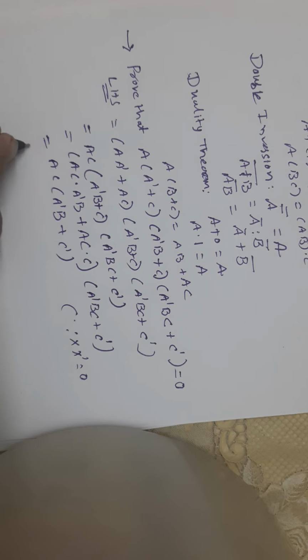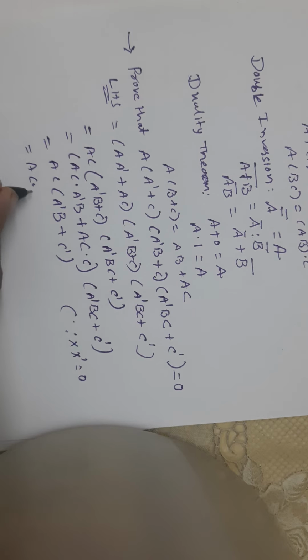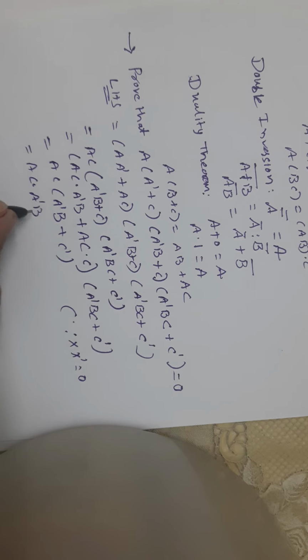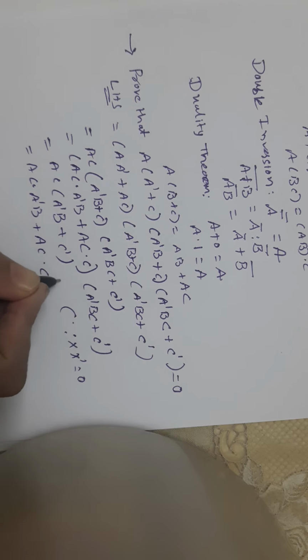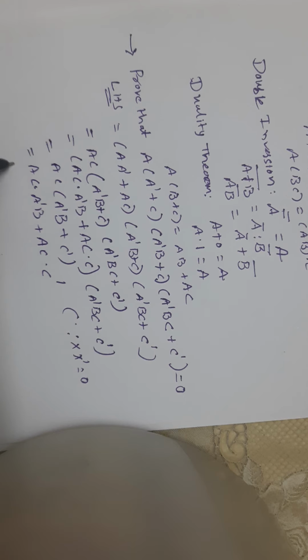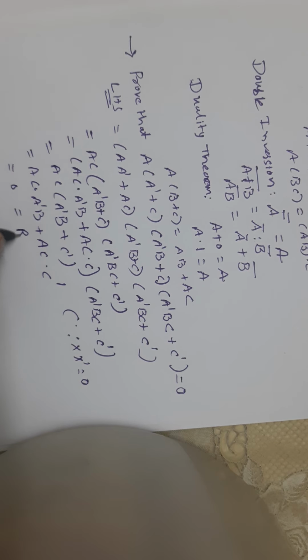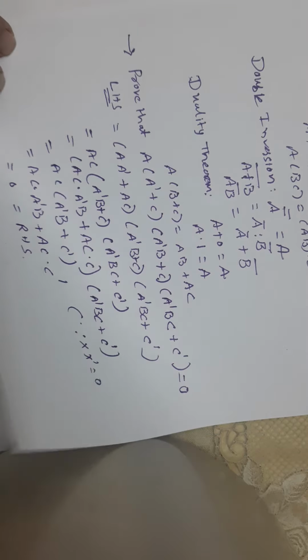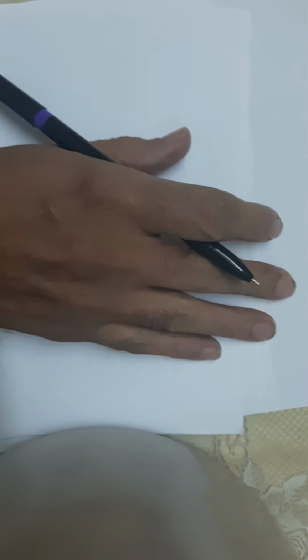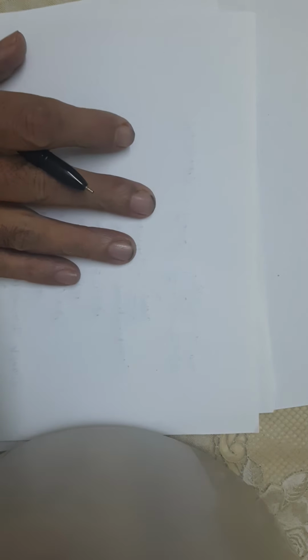And the last one, AC dot A dash B plus AC dot C dash, and this is equal to 0, and this is equal to RHS. So in this way we can calculate the example. I will give the second example also. Prove that, simplify.